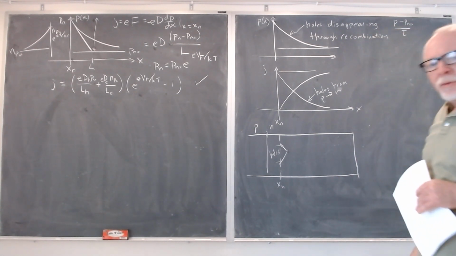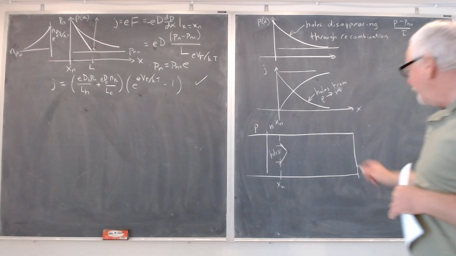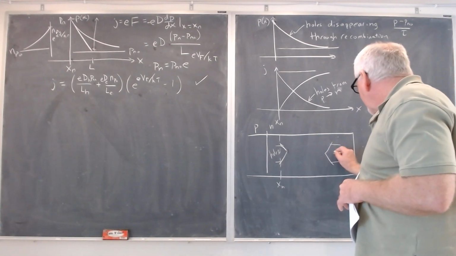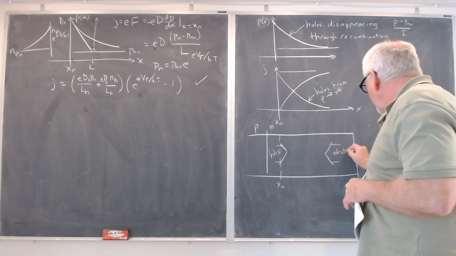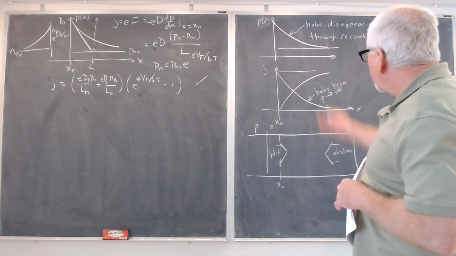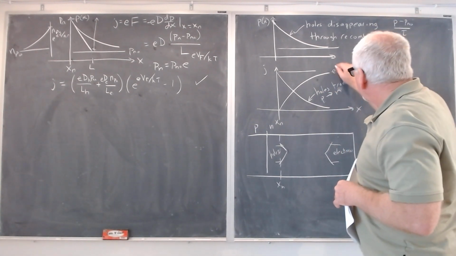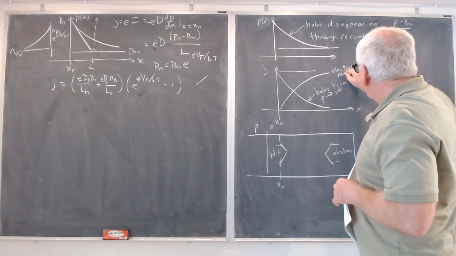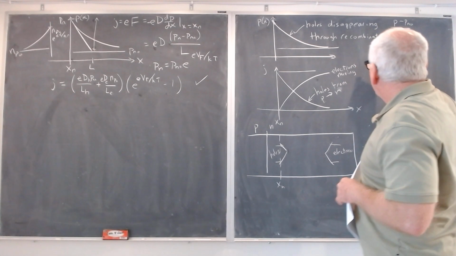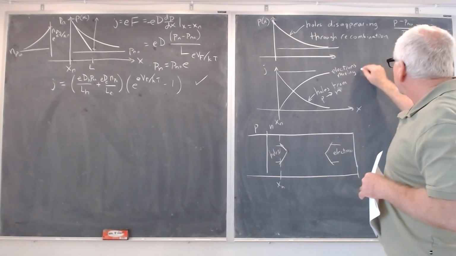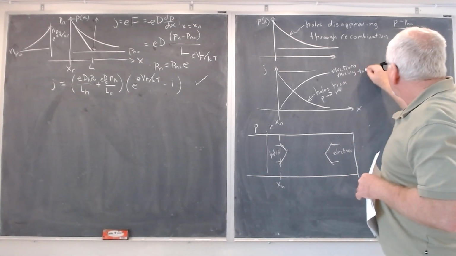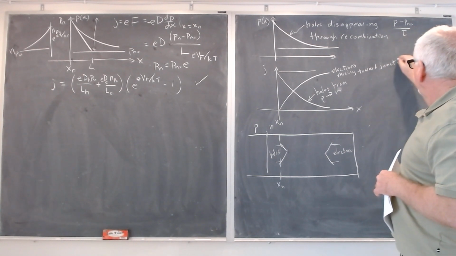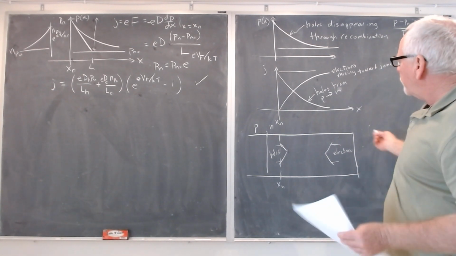And what are they recombining with? Electrons coming from this side. So this is electrons moving toward the junction and recombining.